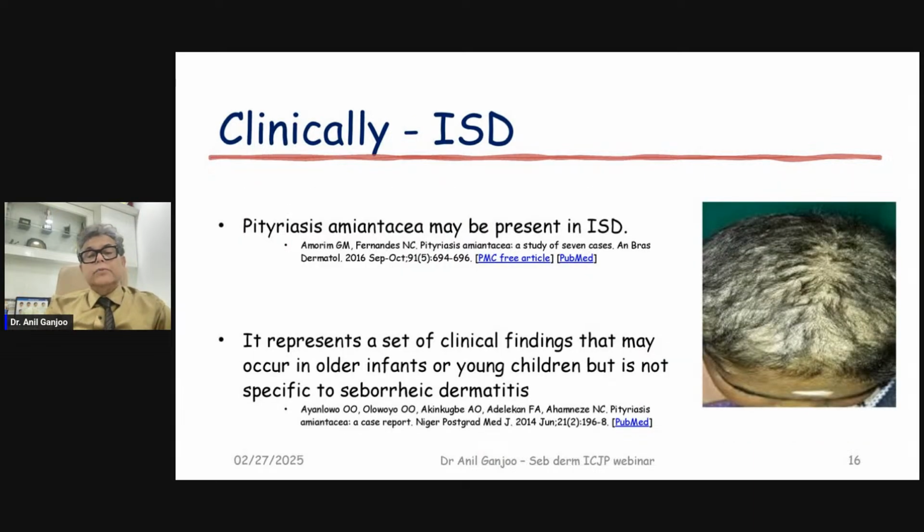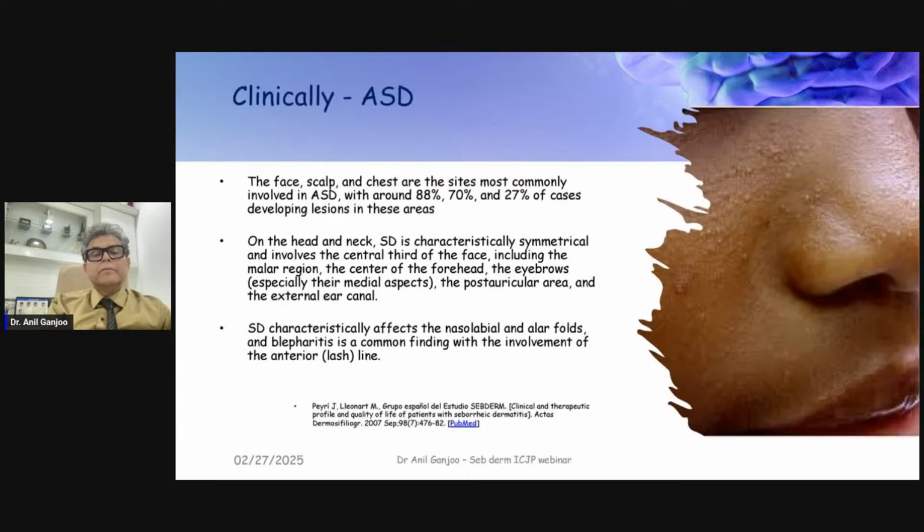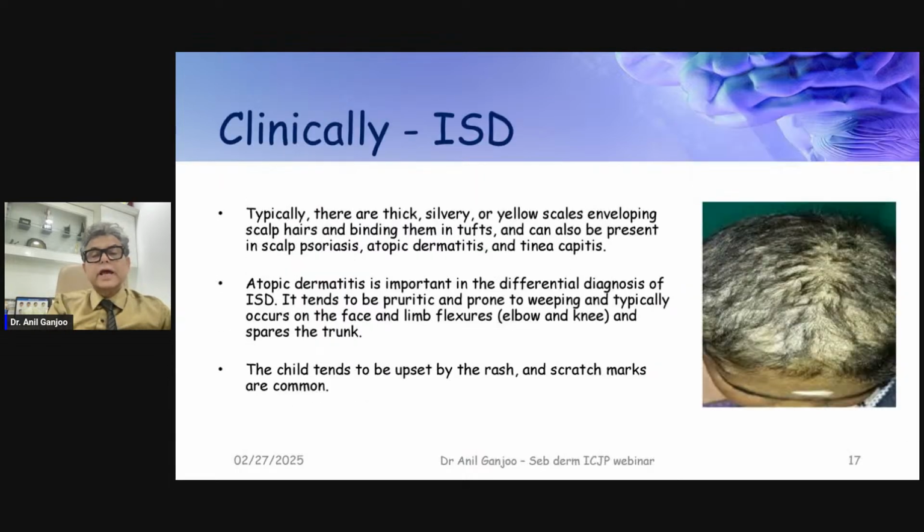And this has to be differentiated from a condition called pityriasis amiantacea, which can be a very thick adherent mass of scales attached to the surface of the scalp, which happens in patients of seborrheic dermatitis, but also patients of atopic dermatitis, psoriasis, etc. But patients of psoriasis can be differentiated by presence of nail changes, by presence of itching, by presence of other lesions on elbows and knees.